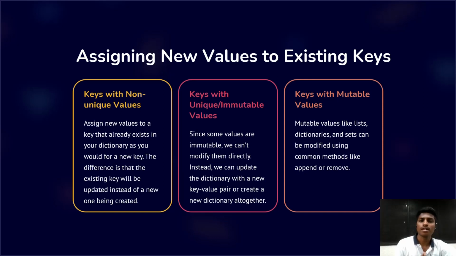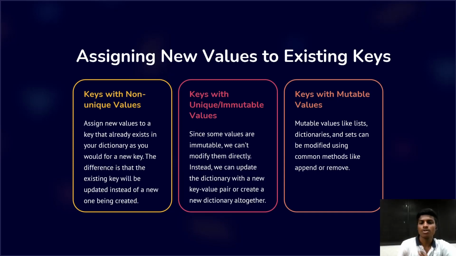So we can update the dictionary with a new key-value pair. Say we have a dictionary A and we have a dictionary B. We can create a new object or new dictionary B, which can be assigned indirectly to the dictionary A. So this process can be done and it creates a new dictionary altogether.